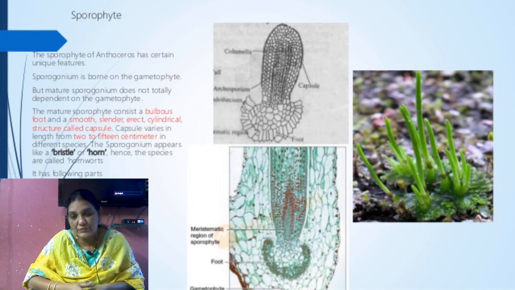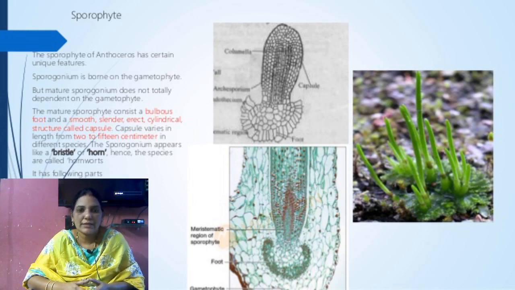The foot is attached to the thallus and absorbs water and minerals, and it gives them to the capsule. It is made up of parenchyma tissue, with 4 to 5 layers, and it is attached to the thallus. And the second part is the seta. Here the seta is absent, and meristematic tissue is present here.